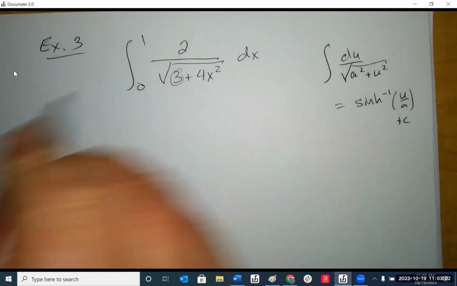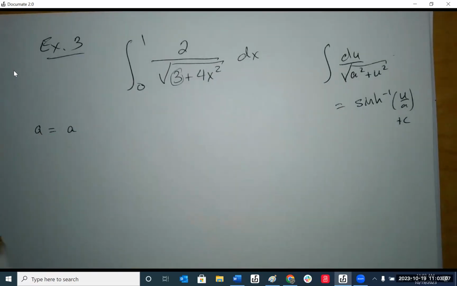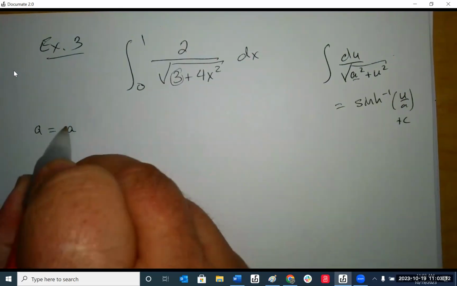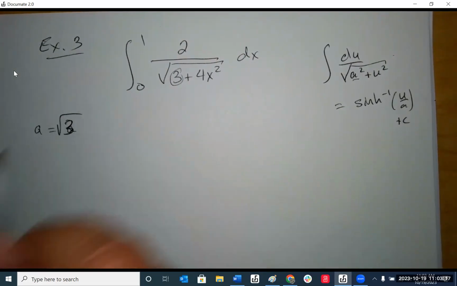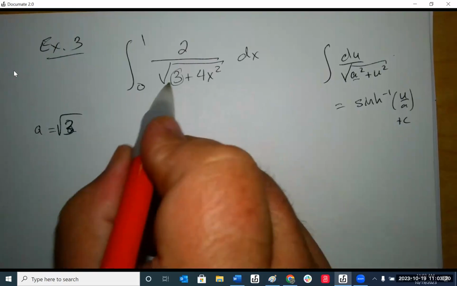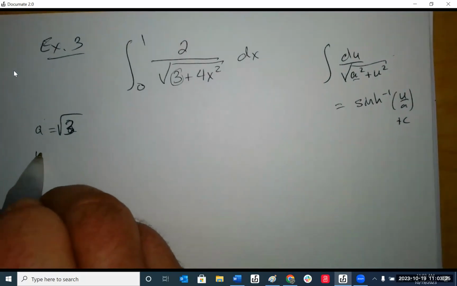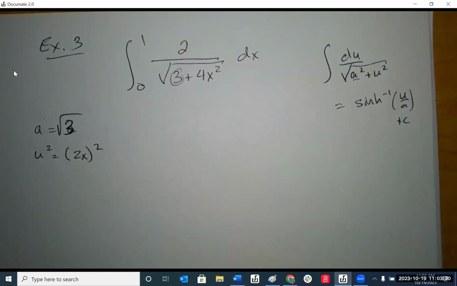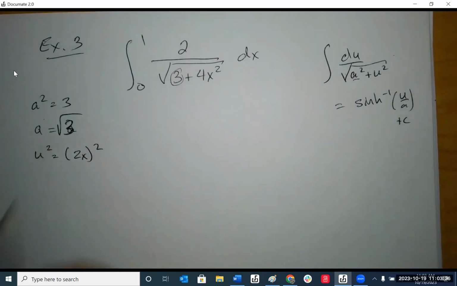So this one we're saying is a, but it's supposed to be squared. A squared is 3, so a is radical 3. U squared is 2x squared. So a squared equals 3, so a is just radical 3.